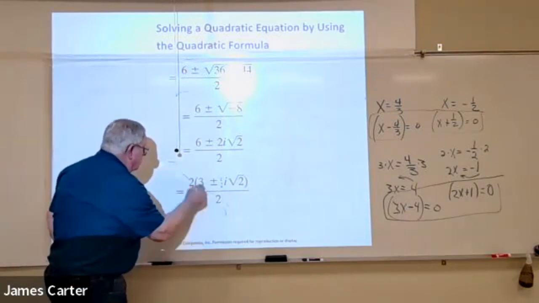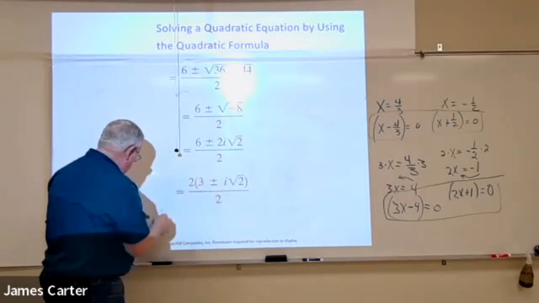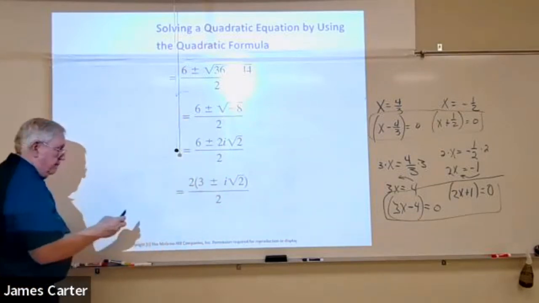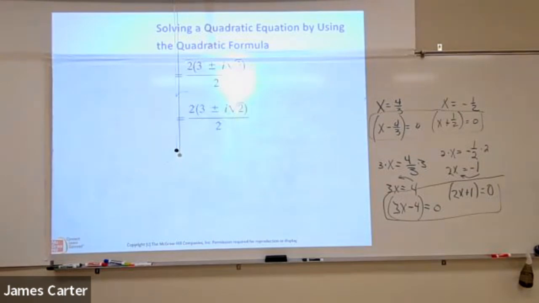And then they're going to cancel the 2's. Now can I go on? Okay, so here's where we left off. Now they're factoring out the 2's. So I get x equals 3 plus or minus radical 2i. Now, can you leave it this way, or do you have to put it that way? As far as I'm concerned, you can leave it this way.